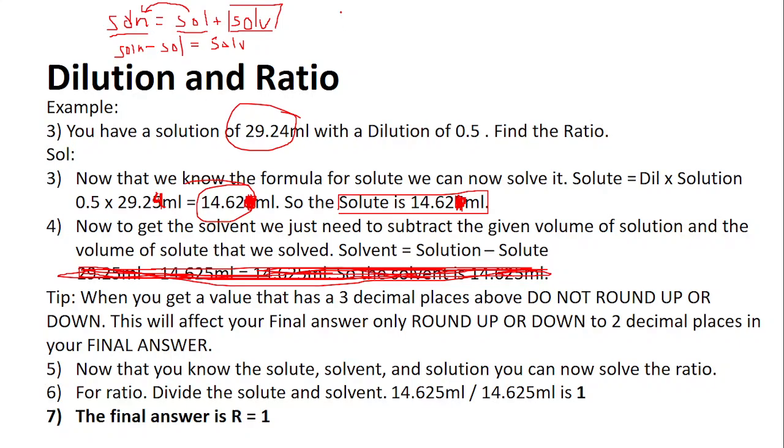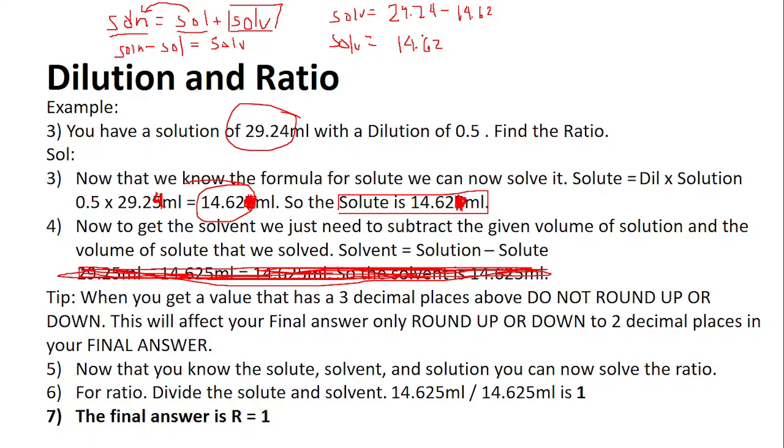Okay, so formula for solvent is solution. So our solution is okay here, 29.24 minus 14.62. Amuan solute naton class. Your answer is 14.62. So, solvent naton is the same class.